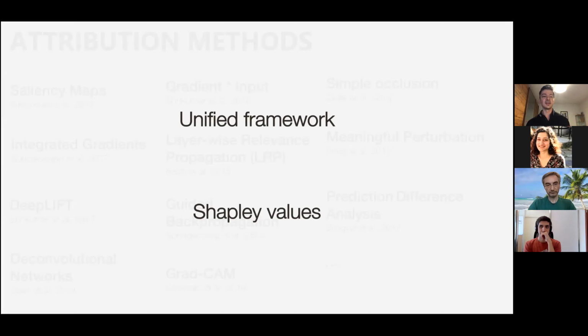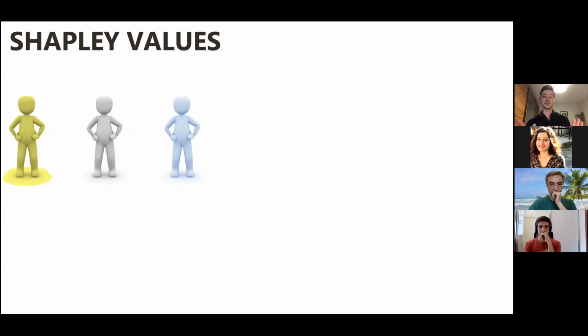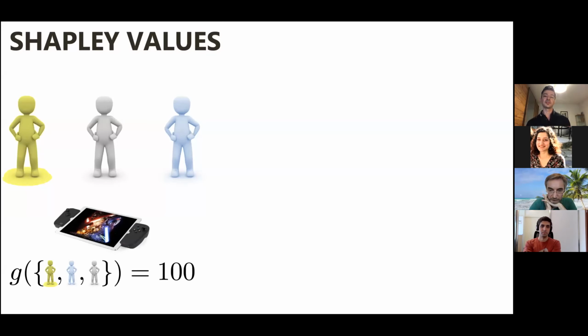This is a game theoretic concept, and I think it's really interesting how it could be applied for our case. And just quite briefly, let's say you're a coalition of 3 people, and you produce something of some value. In this case, you produce a console that you can sell for $100.